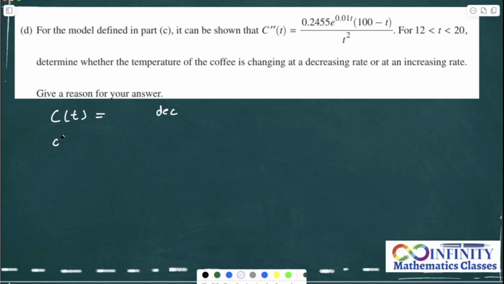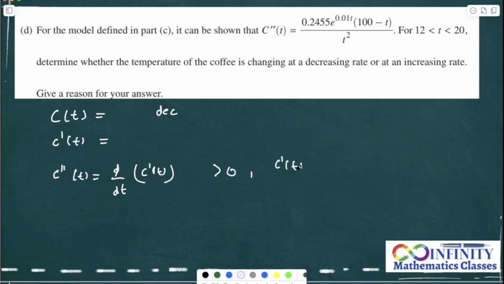This is what we know. We find C'(t), that means the instantaneous rate of change at any point. C double prime of t is measuring the rate of change of C prime. Am I right? So in case it is positive, then C'(t), the rate of change, is going to be increasing.